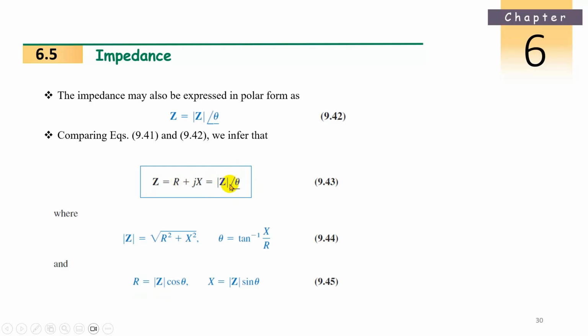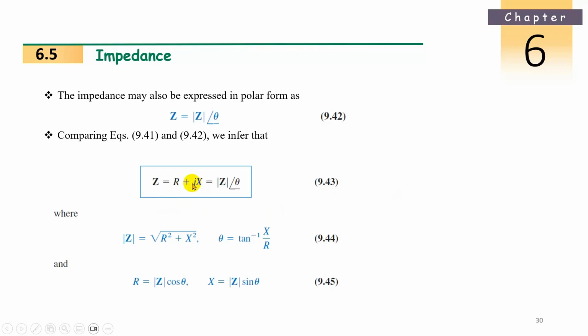You must know the equations. R is Z cos theta, the real part, and X is the modulus of Z sin theta. You take the magnitude, not the plus or minus sign. So Z cos theta is R and Z sin theta is X, and directly you can write R plus jX in rectangular form.